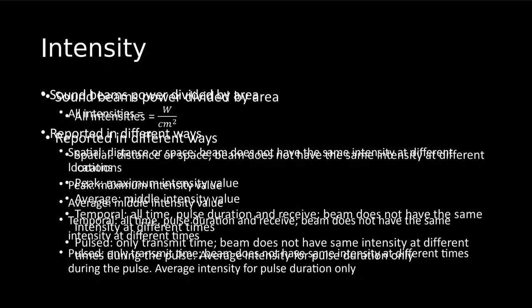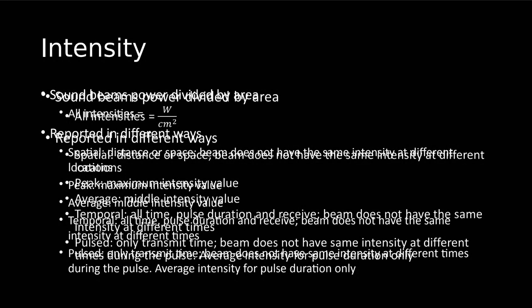So we are including with our temporal intensity our pulse duration and our listening time, right? And again, our beam is not going to have the same intensity throughout the entire duration, okay? Then we also have our pulse intensity. This is only taking into consideration our talking time or our transmit time only. For the same reason, our beam does not have the same intensity at the entire duration of this pulse.